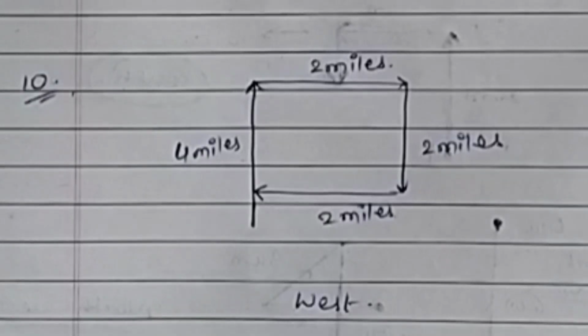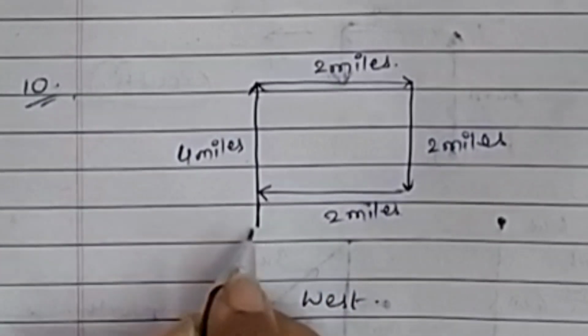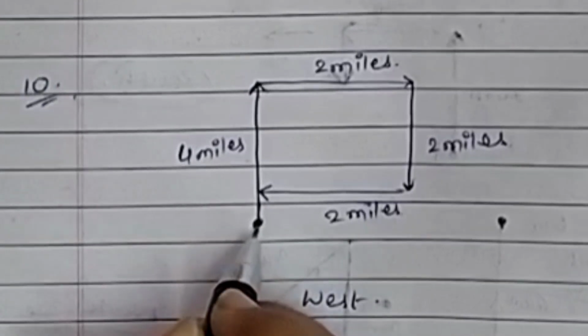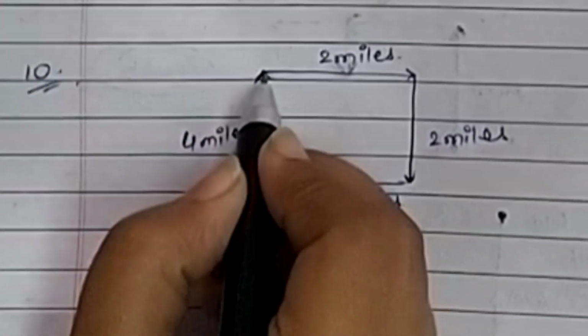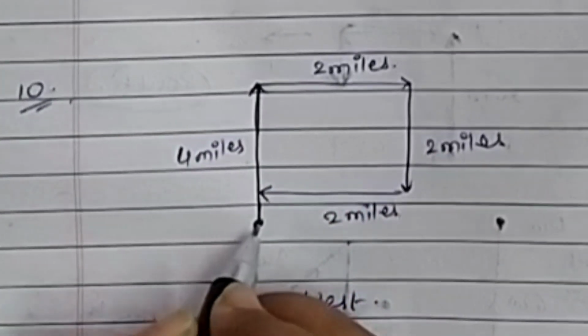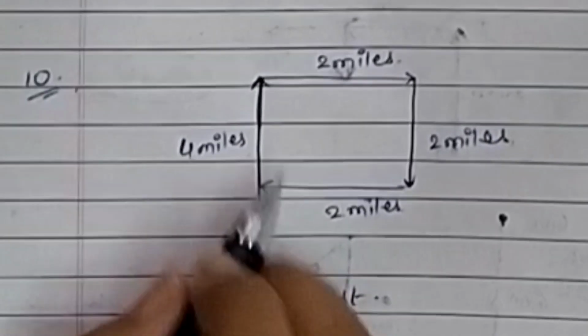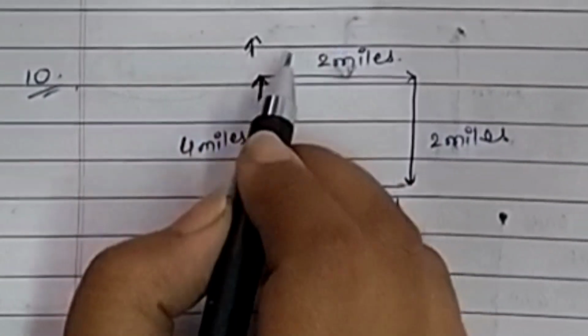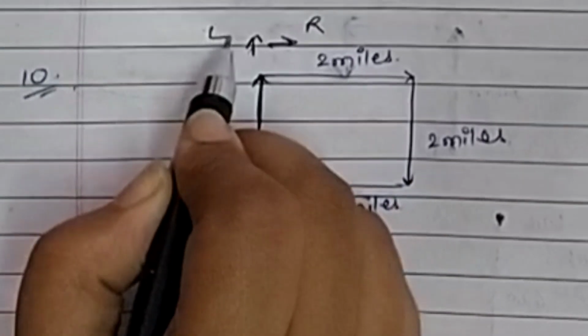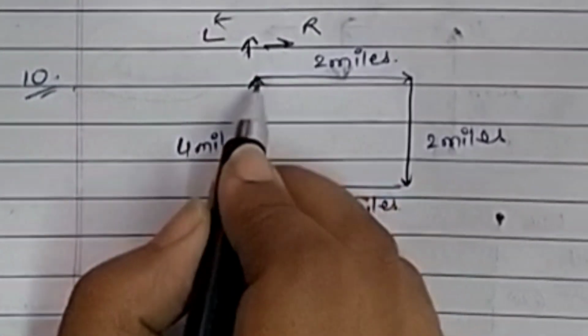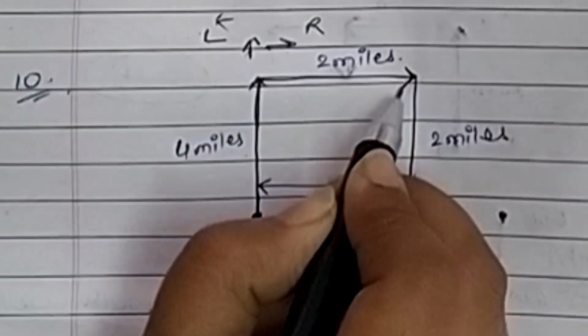The last and final question is basically saying that the man started from a point and walks for 4 miles in the north direction. So we have considered this as the starting point, and he is walking in the north direction for 4 miles. Turns to his right, so facing this direction, right is like this and left is like this. So he turns to his right and covers 2 miles.